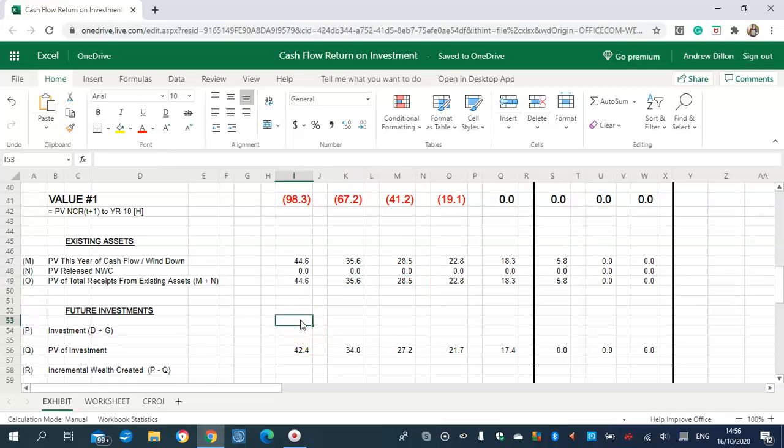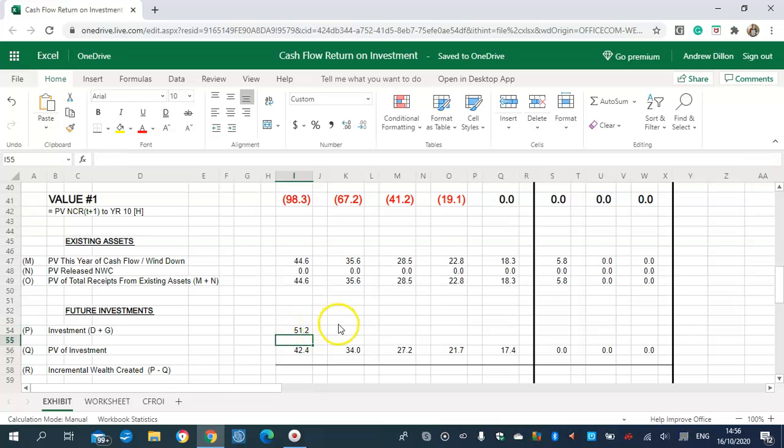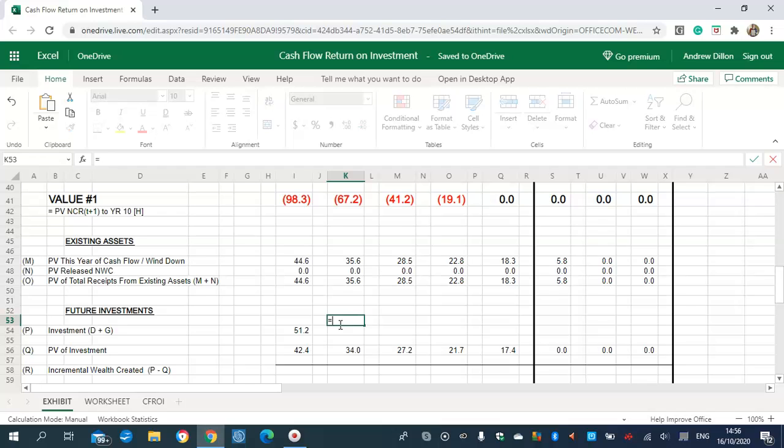Now here's what I have to calculate, the next part, which is investment D plus G on future investments. So I23 plus I28. Okay, equals K23 plus K28. Alright, I was in the wrong section there.